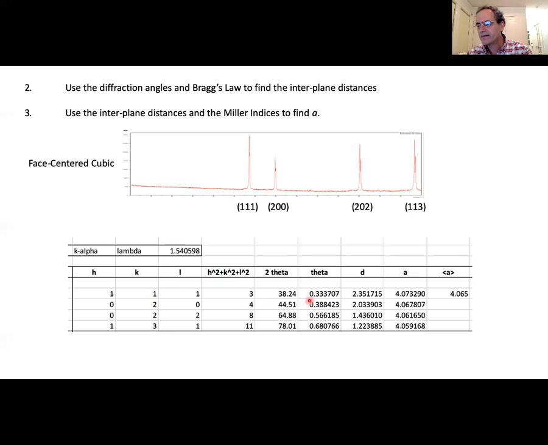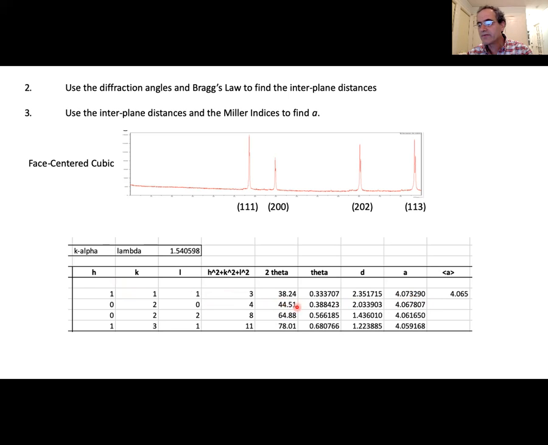So for this particular line, which has theta of 0.333707 radians, the interplane spacing was 2.3517 angstroms. And because this is a 111 line, we have to multiply this by the square root of 3 to find the value for A, and we get 4.073 angstroms.